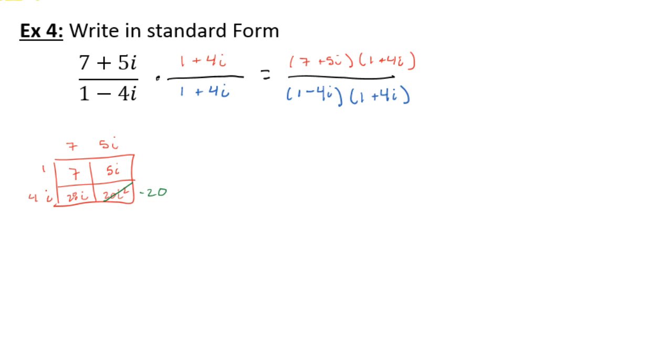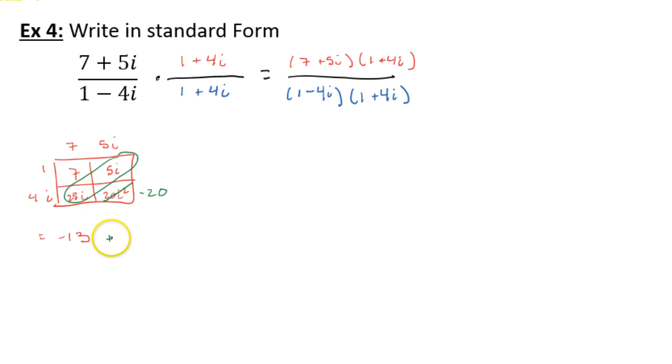So we're going to go ahead and now combine our like terms. We get 7 minus 20. Those are like terms. So when I combine those, that just gives me negative 13. And then I'm going to combine my i terms together. When I combine them, I get 28 plus 5.